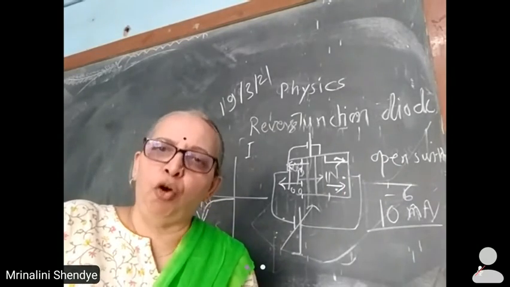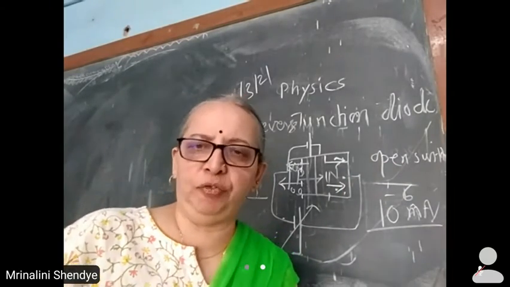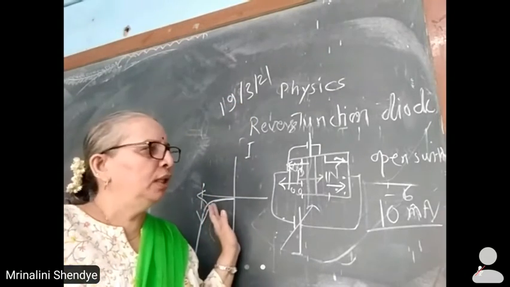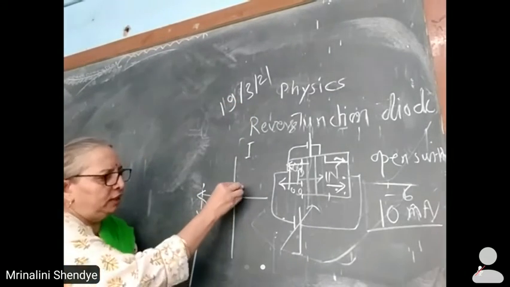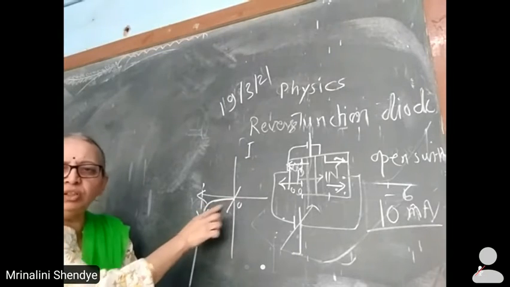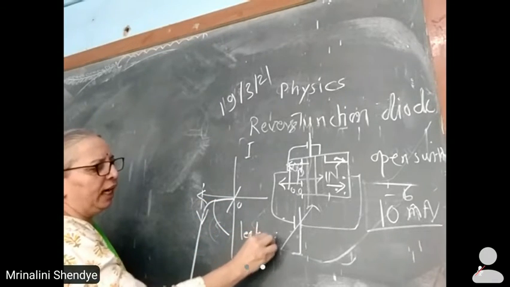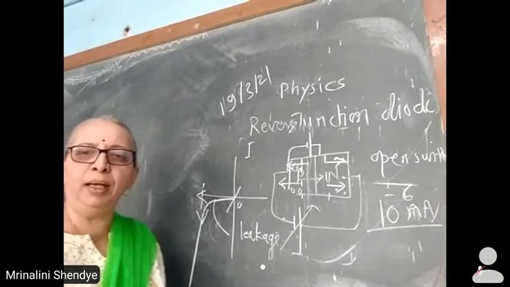So when forward biased, it behaves as a closed switch. When it is made reverse biased, after a certain voltage or from the point zero, there is no current, almost zero current. This is called leakage current. And this leakage current is due to thermal agitation.